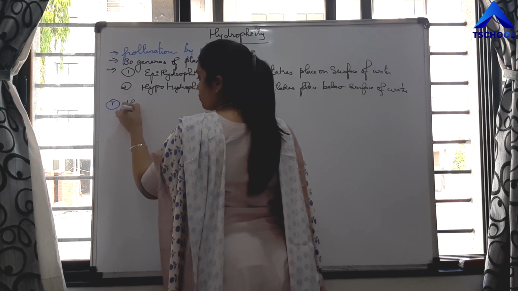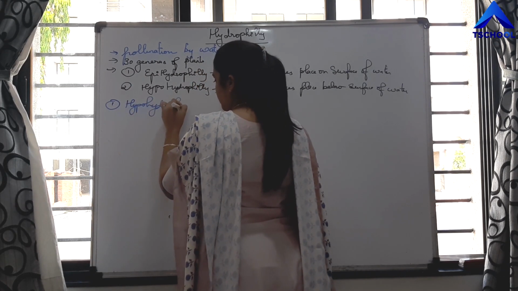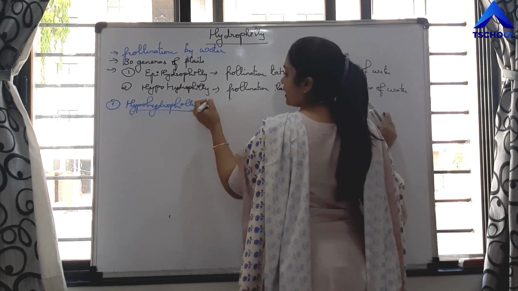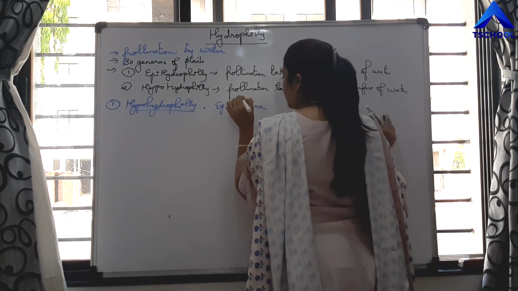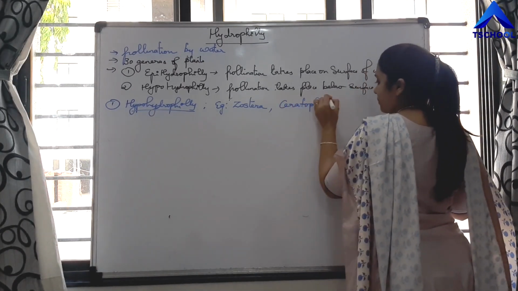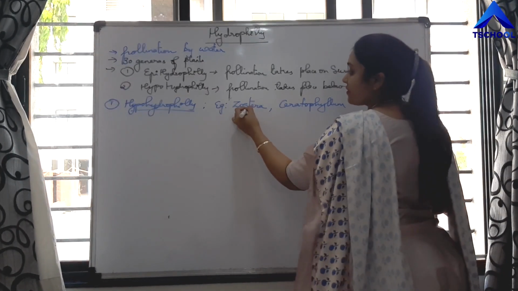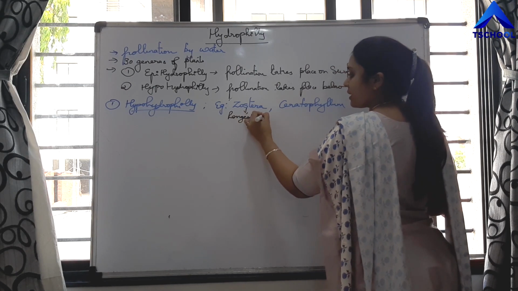So first we will take hypohydrophily, that is pollination within, on the inner side, downside of the water. Examples of it are Zostera and Ceratophyllum. We have studied that Zostera possesses the longest pollen grain.